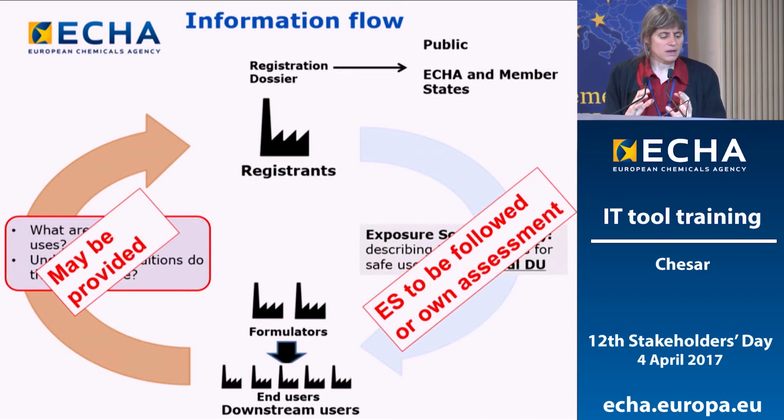And that's why there is a lot of incentive for the downstream user to provide the appropriate information to the registrant. Otherwise, the exposure scenarios generated by the registrant are probably not appropriate, and then the recipient doesn't know what to do with them.